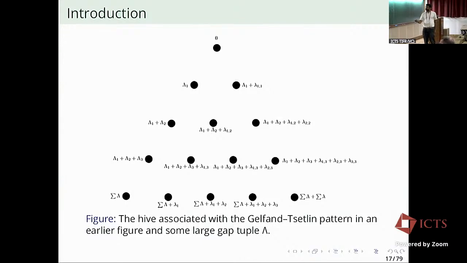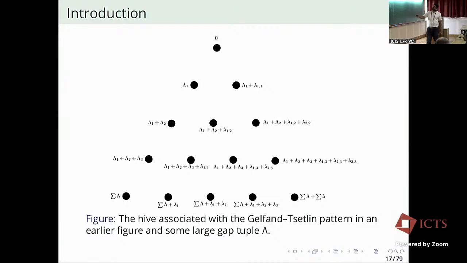So given a Gelfand-Zetlin pattern, what we can do is we can take a large gap tuple capital Lambda, and then write 0 on the top entry of the hive, add this first entry lambda 1 to this entry, call this lambda 1, and then you know the Gelfand-Zetlin pattern. So along each row you go using the Gelfand-Zetlin pattern, increment by lambda 1 1.